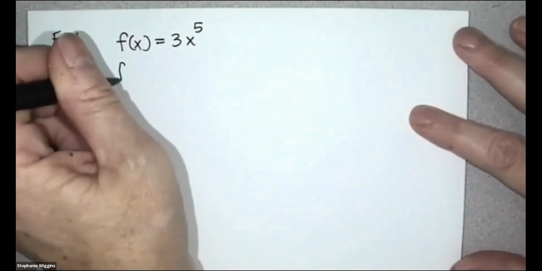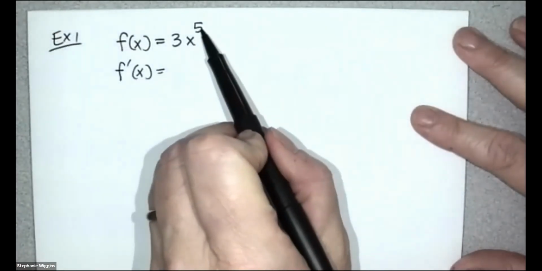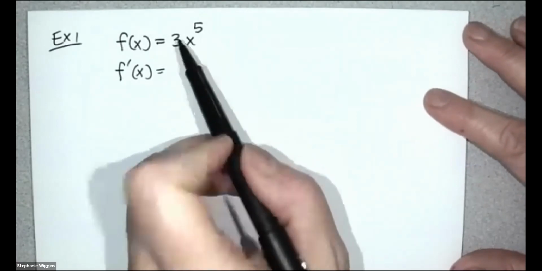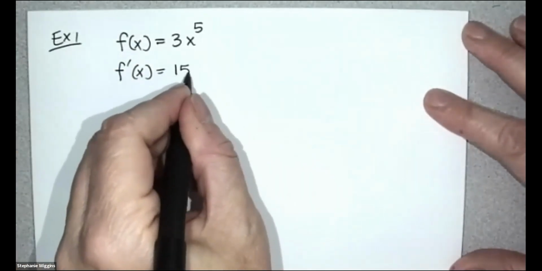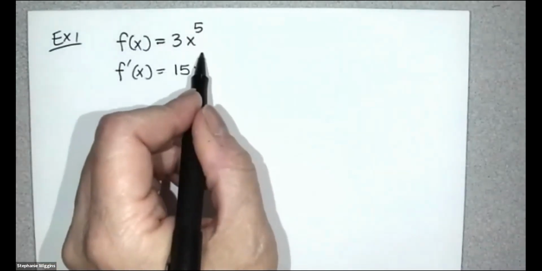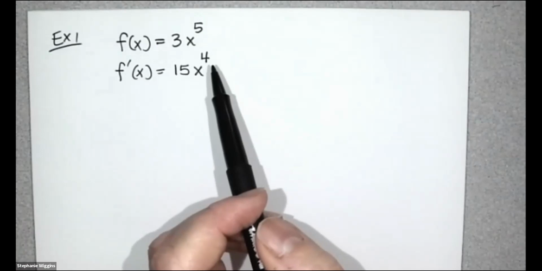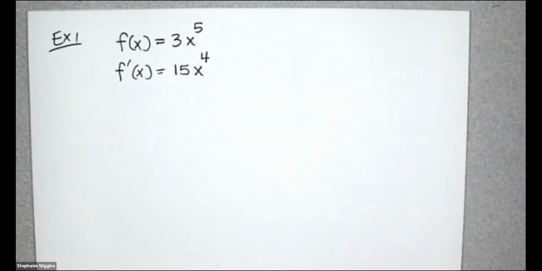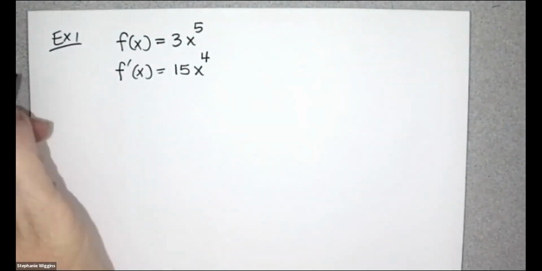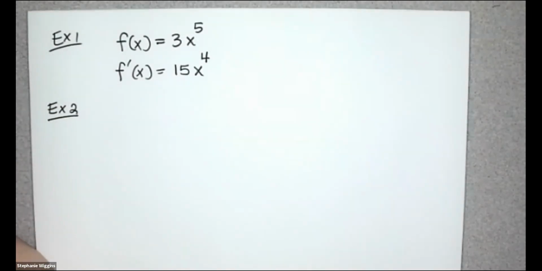To take the derivative of this function, we take our power, 5, multiplied by our constant. That's going to be 15. And then you subtract 1 from your power. So this 15x to the 4th is your derivative. Stop me if you have any questions about anything that I do at any point.